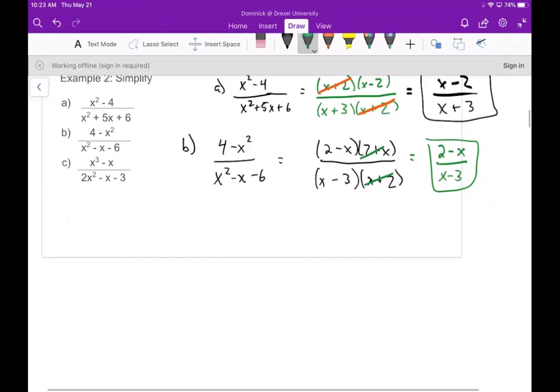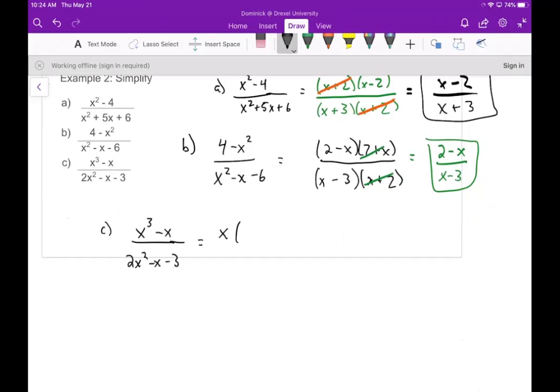Now part C, we're going to have a little bit more work to do in terms of factoring, but still nothing we can't handle. In the top, I can factor out an x first, and I'll have an x squared minus 1 left over. Then again, we can factor that second term into x plus 1, x minus 1.